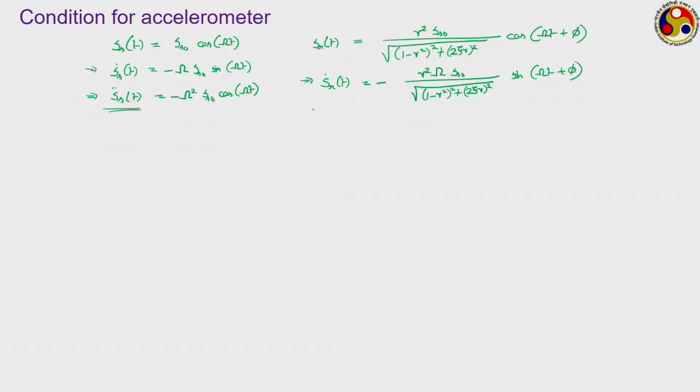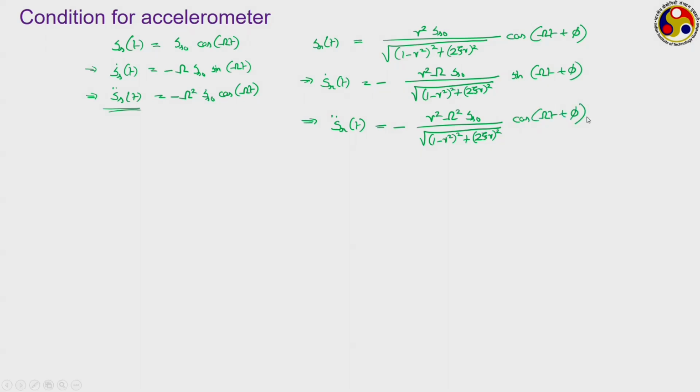But now, as we are looking for imposed acceleration, we are looking for the resultant acceleration. So, we have to differentiate it once more with respect to time to get S_R double dot. So, this will become now minus r square omega square S_S0 by root over (1 minus r square) whole square plus (2 zeta r) whole square, cos of omega t plus phi.